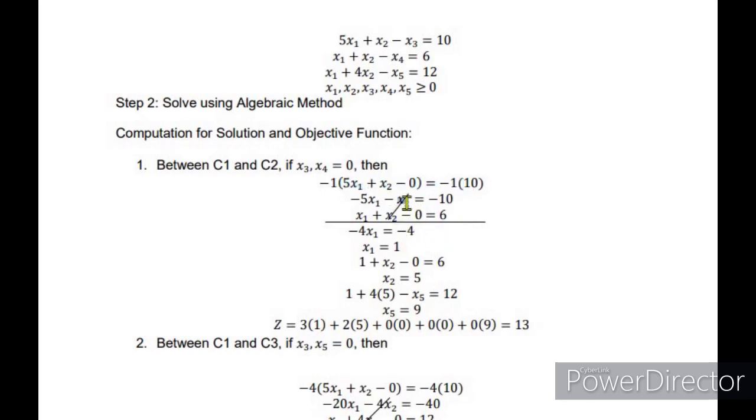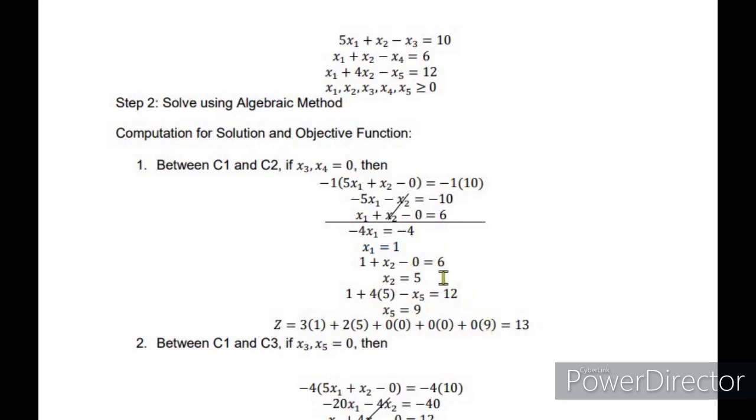Because negative x sub 2 plus x sub 2 is 0. So you only have x sub 1. So negative 5x sub 1 plus x sub 1 is negative 4x sub 1. Then here, negative 10 plus 6 is negative 4. So negative 4 divided by negative 4 is positive 1. So you have the value of x sub 1, which is positive 1.